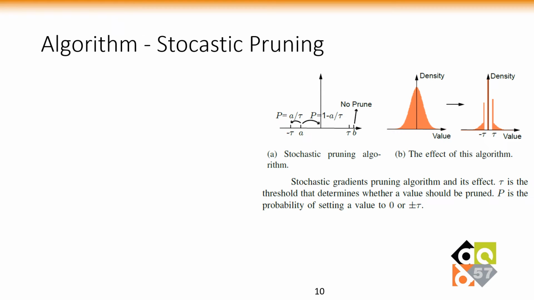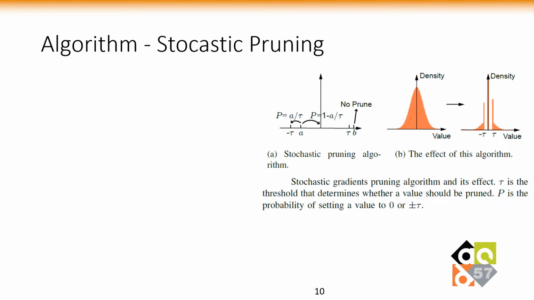To overcome this problem, we use two tricks. The first one is that only the gradients with small absolute value will be pruned. Gradients larger than the threshold are maintained. Secondly, when a small gradient is pruned, it is not set to 0 directly, but it is set to the threshold or 0 stochastically with a probability p.